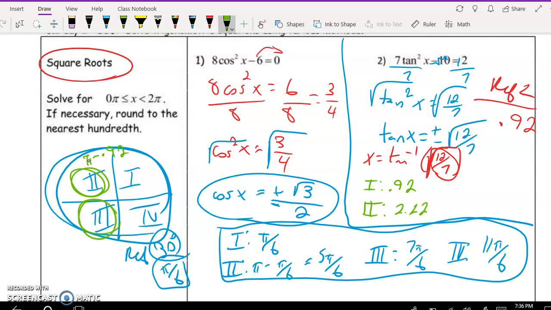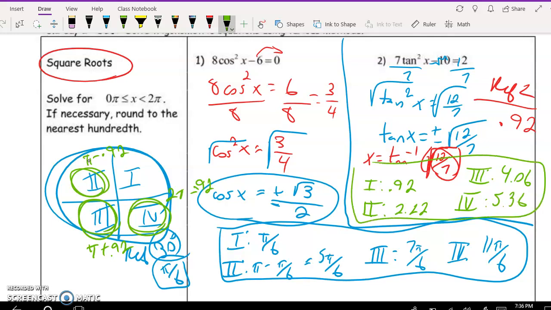And then for quadrant 3, I'm going to take pi plus 0.92. And that ends up being 4.06. And for this one, I'm going to take 2 pi minus 0.92. And that ends up being 5.36. And so these are your 4 answers.